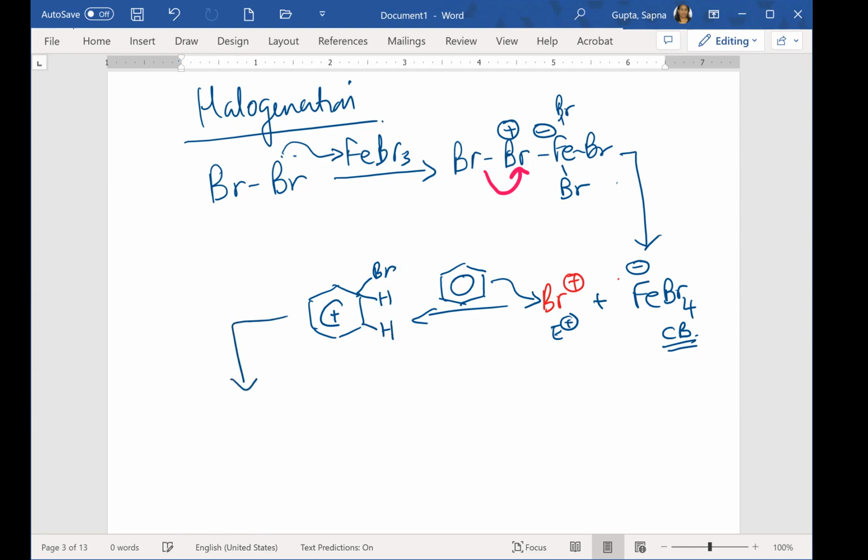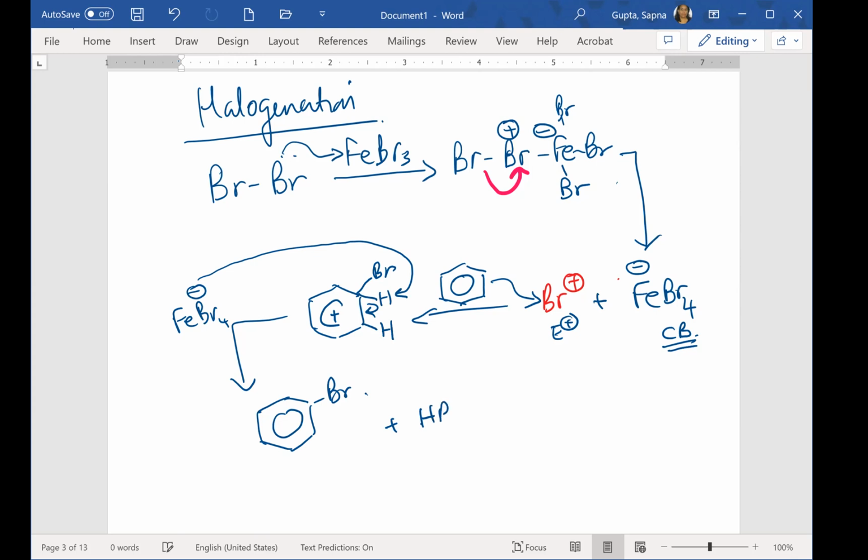And then the last step is where FeBr4 minus will come in, and this will now pick up this hydrogen. You don't even have to write the second hydrogen if you don't want to, because that's really not doing anything. And then you also get HBr in the process.